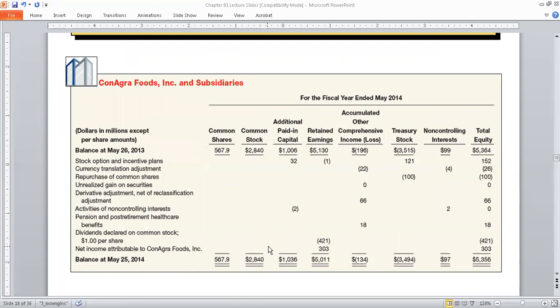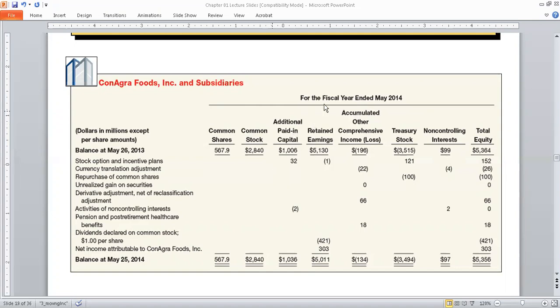There's things on here: accumulated other comprehensive income, non-controlling interest. We won't talk about either of those 2 things the entire semester. We won't talk about treasury stock and additional paid-in capital until we get to chapter 11. You just don't know enough accounting yet to be able to learn how to prepare a statement of stockholders' equity.